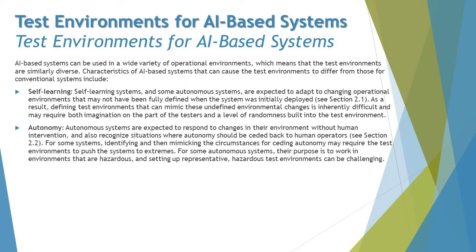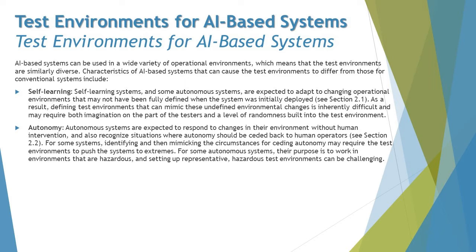So AI-based systems can be used in a wide variety of operational environments, which means that the test environments are similarly diverse. Characteristics of AI-based systems that can cause the test environment to differ from those for conventional systems include the following. Number one, self-learning.